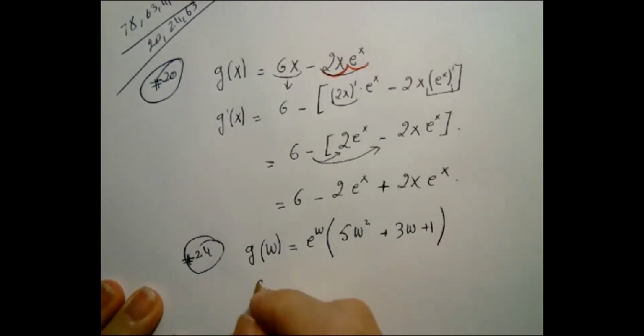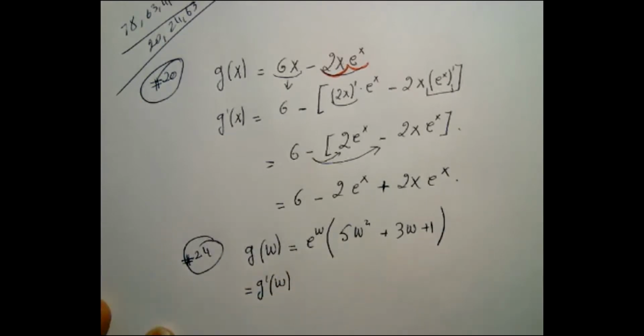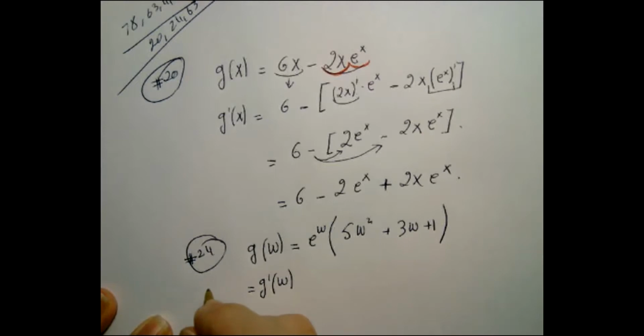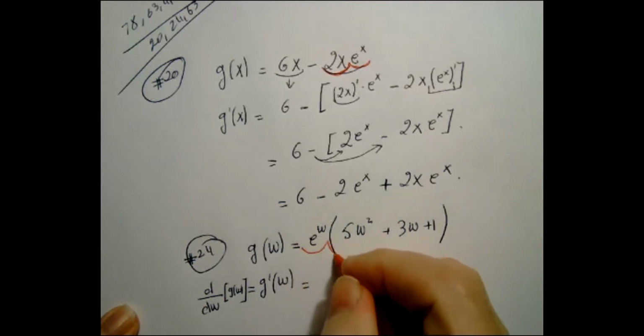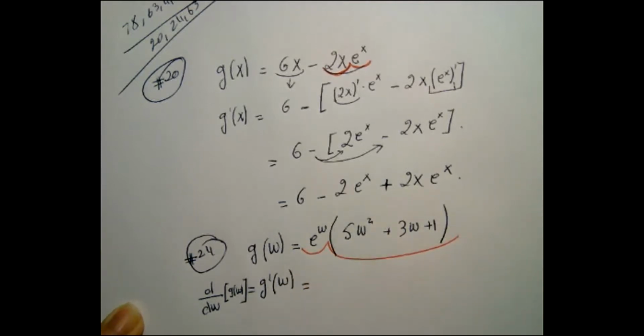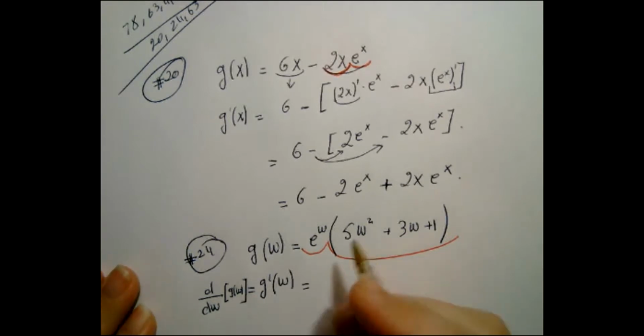So we're going to find g prime of w, or if we use the Leibniz notation, this should become d/dw, because that's the input of g of w. So that's either this notation or that notation. So equal to. Again, we have to recognize what are we dealing with. So now we're dealing with a product. So we apply the product rule verbatim.